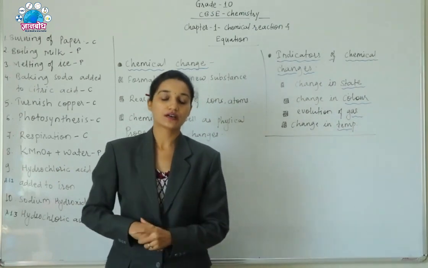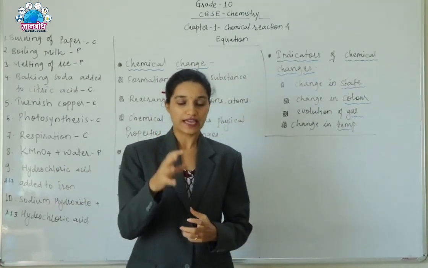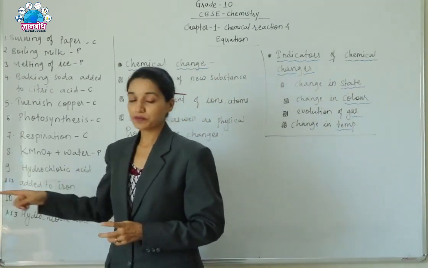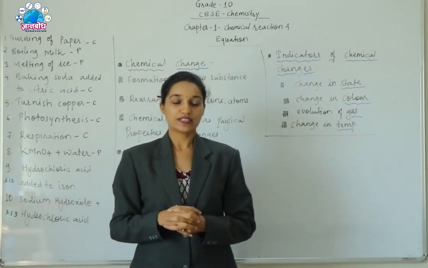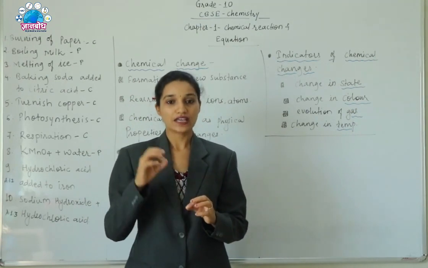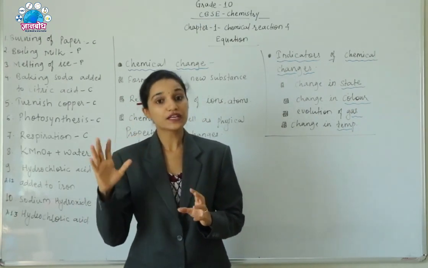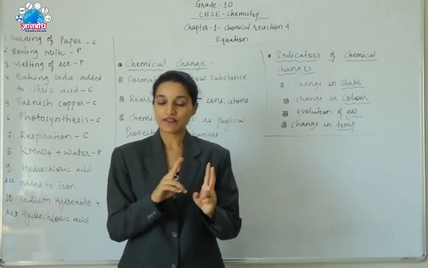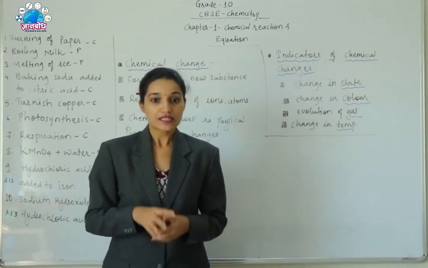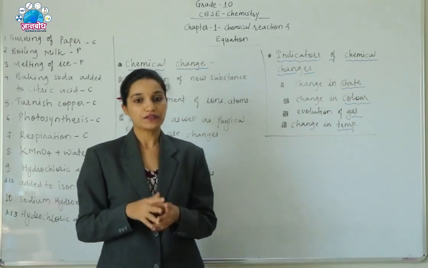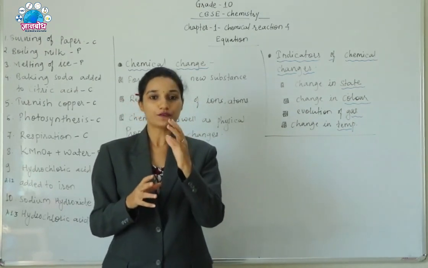Now in your textbook there is Activity 1.2. In that activity it is told that zinc granules and sulfuric acid are used. So there they have given the example of zinc granules and sulfuric acid. The same example we are going to observe here, but in a different form.